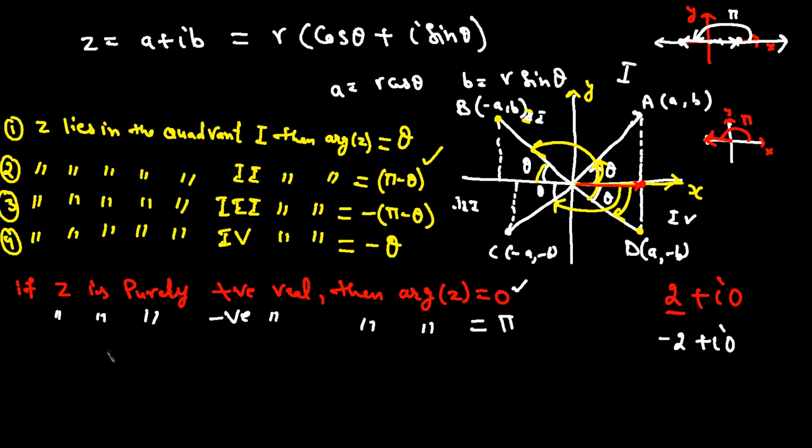All right, so let's do, if the complex number is purely positive imaginary, what will happen to the argument? Let's do that. I'm going to make some space here to make the diagram.